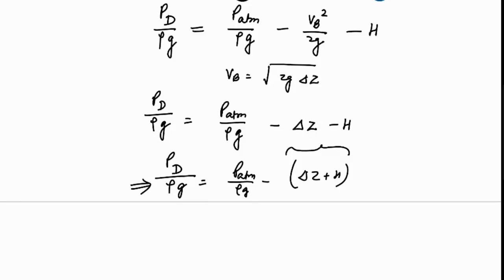The water is flowing through this tube, and at point D, if this portion is long, you can change this height. If you keep increasing this height, a point will come where this pressure is so small that it equals the vapor pressure of the liquid. There will be cavitation then.